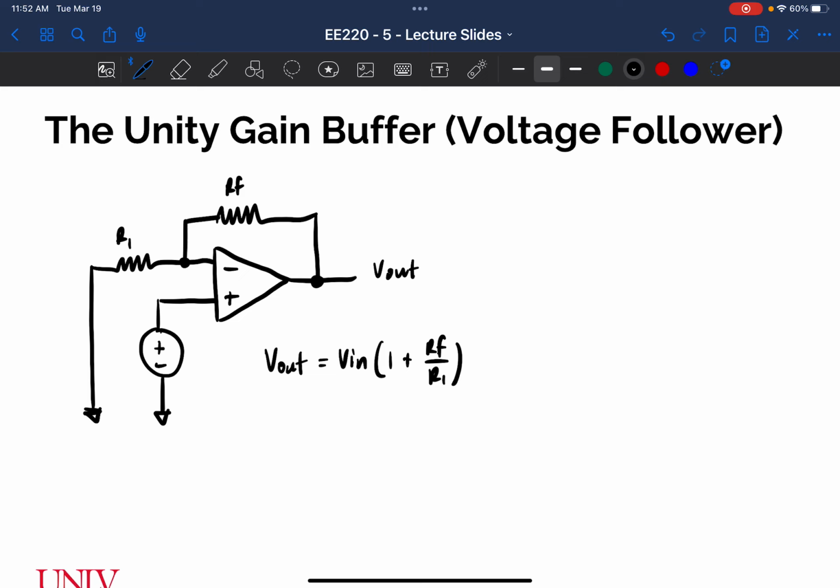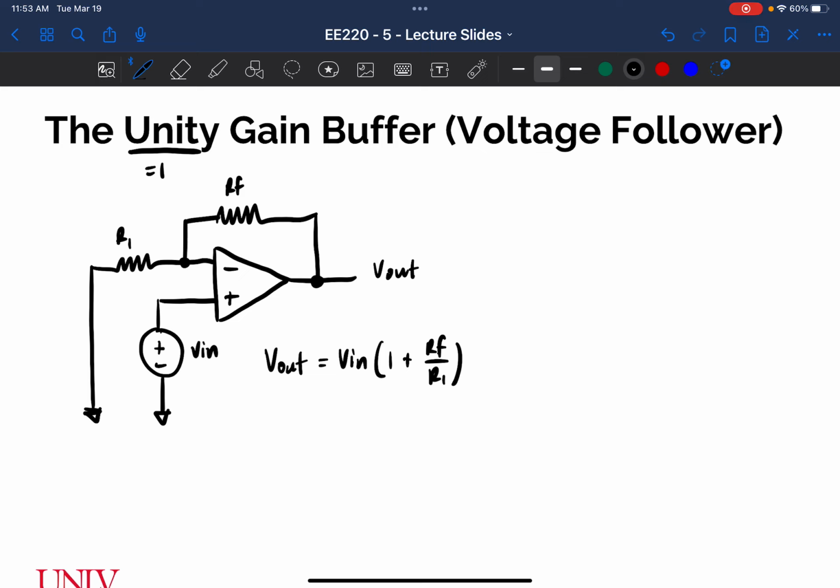Well, there are a couple of different scenarios which can lead us to a unity gain buffer. What does that mean? It's basically this circuit, but when the gain is 1. Basically, the output is equal to the input, right? This is my input right here. And unity gain, unity meaning 1, a gain of 1, or a voltage follower, occurs when one of three things happen.